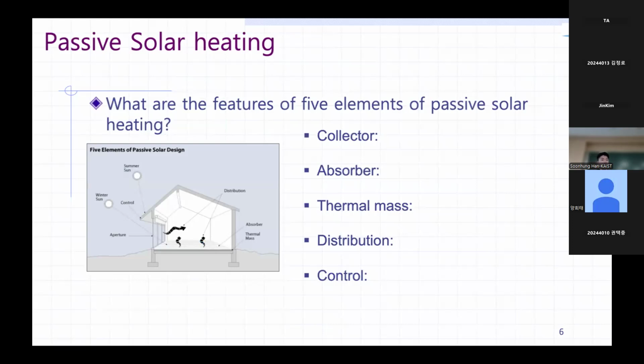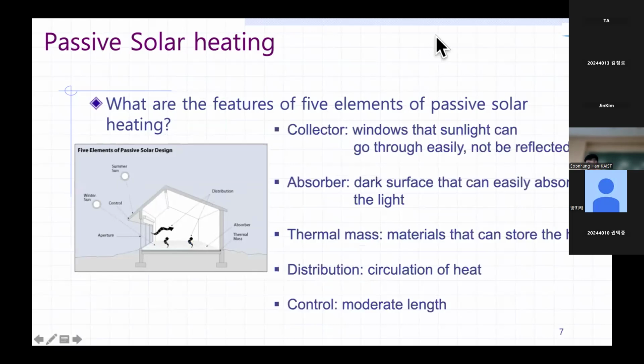Do you have solar panels in your house? No? Okay. So the collector is a window that sunlight can go through, and then the absorber is a dark surface that can easily absorb the light, mainly the black side. And the thermal mass is material that can store the heat, and distribution. It's something to make use of, and also control modules. These are the main 5 features.